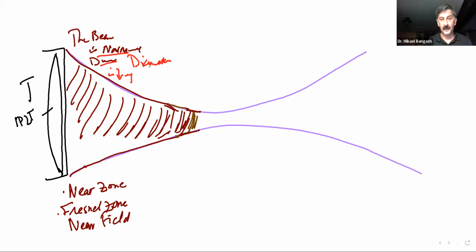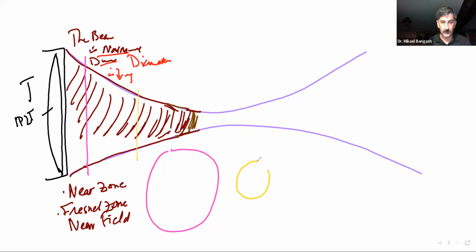If we took a cross section of the beam at this point here, the cross section would be this big, for instance. Whereas if you took a cross section at, let's say, this area here, this would have been the diameter of the beam.